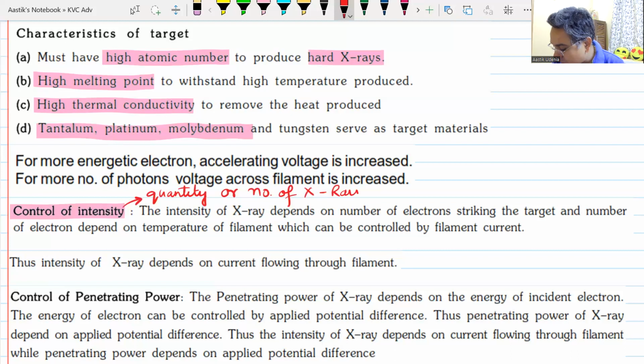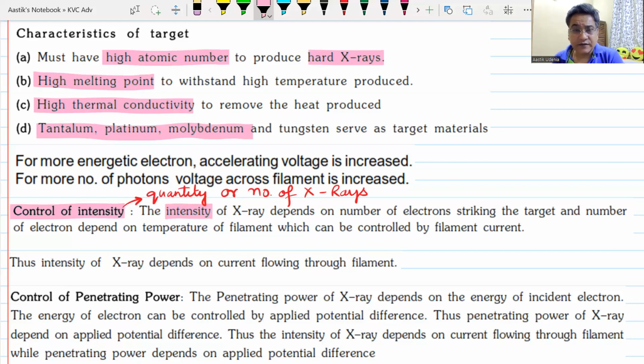If you remember, in photoelectric effect, we also talked about intensity, and whenever I talked about intensity of radiation, that means we are talking about number of photons which were falling.